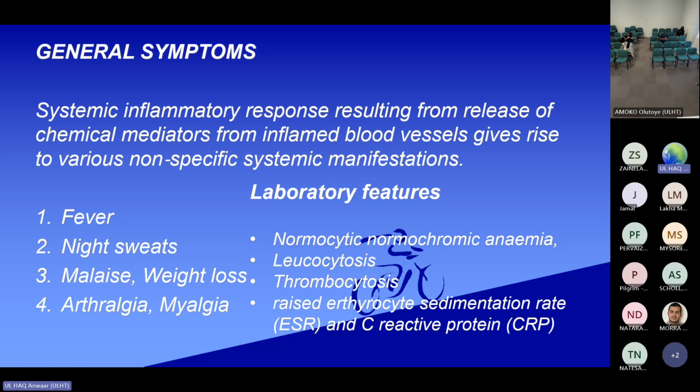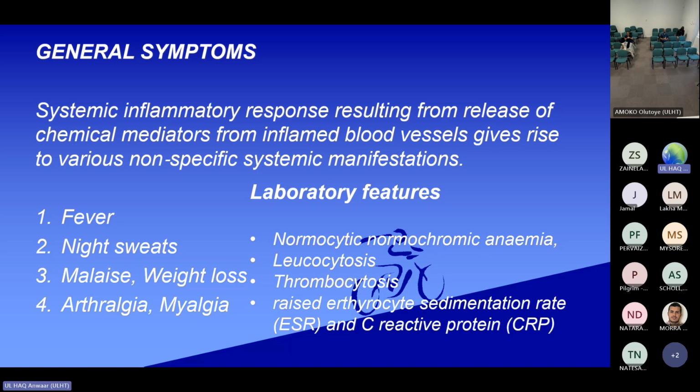So we have general symptoms. When the blood vessels get inflamed, they release different kinds of cytokines and toxins, which get into the system and give different kinds of features. The patient can present with fever, which could be mild to moderate grade and is not often high grade.